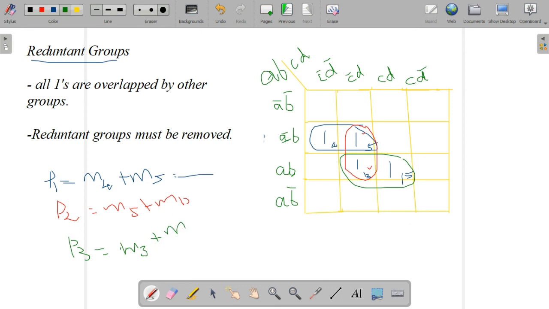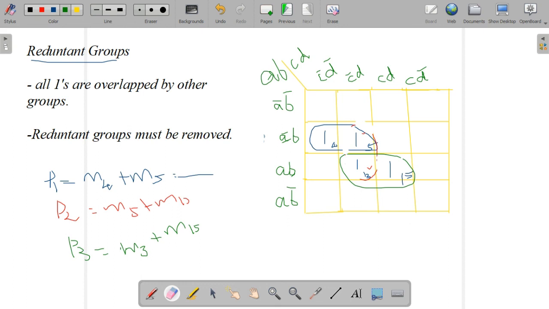In this, can you find any redundant group, where all the ones of the pair are occupied by other groups? Is there anything? Yeah, pair 2, that is M5 and M13. So we can't take it as a pair. It is a redundant pair or redundant group. So we don't consider M5 and M13.